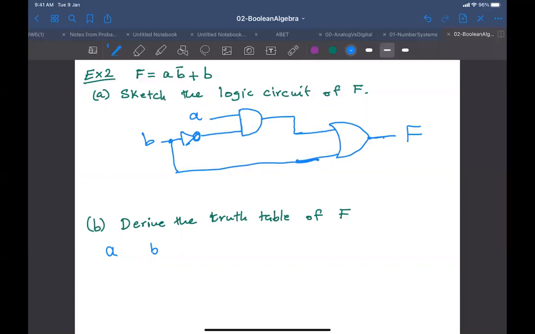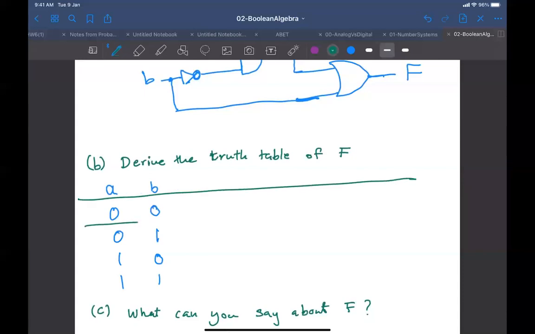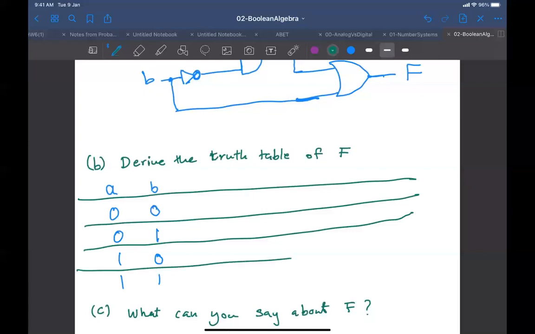To list them, we say this is going to be 0, 1, 0, 1, followed by 0, 0, 1, 1. So these are the input combinations. Let me draw some separators so that things become clear.